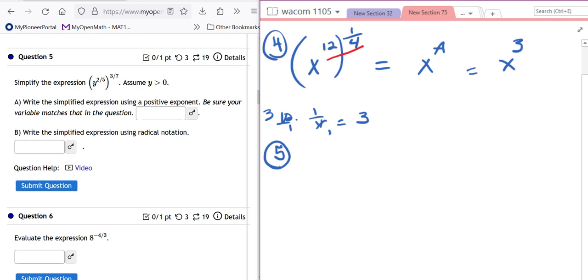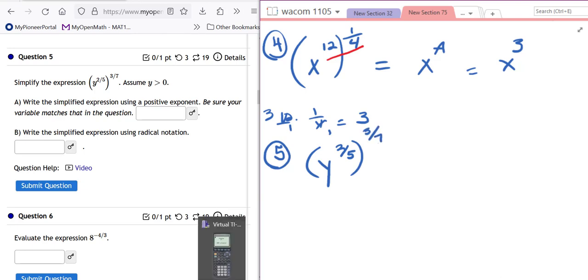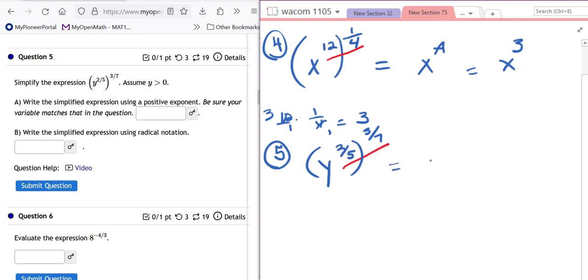So question 5 says simplify this expression. This is also a power to a power. Right, and so your rule is going to be keep the base and multiply these exponents. So we have y, and we have 2/5 times 3/7.